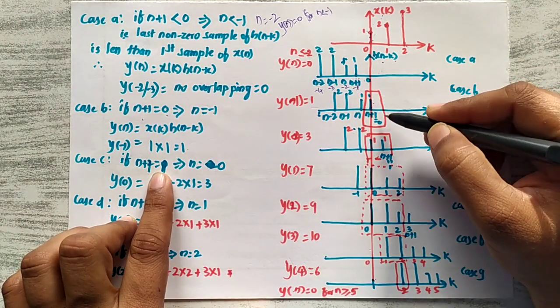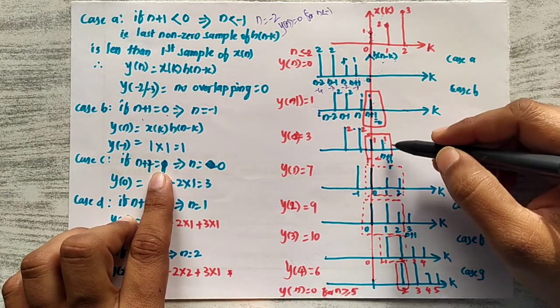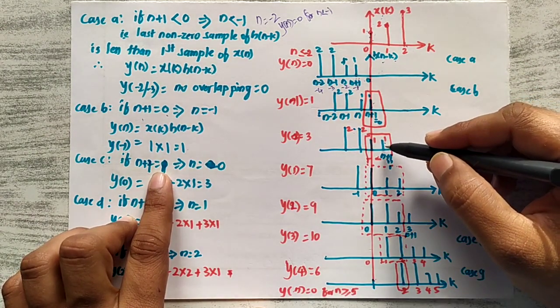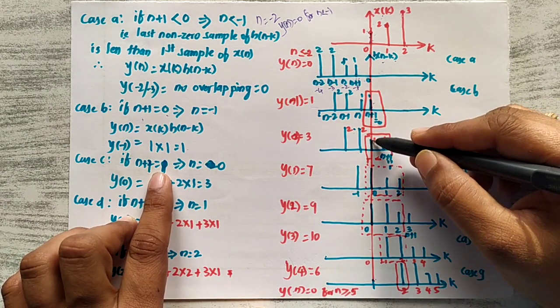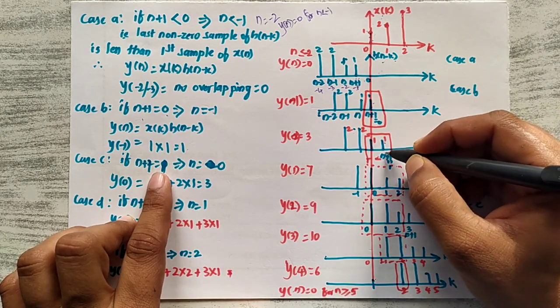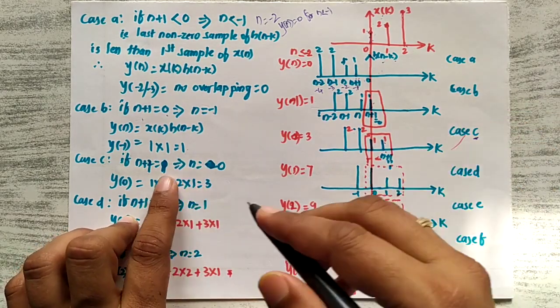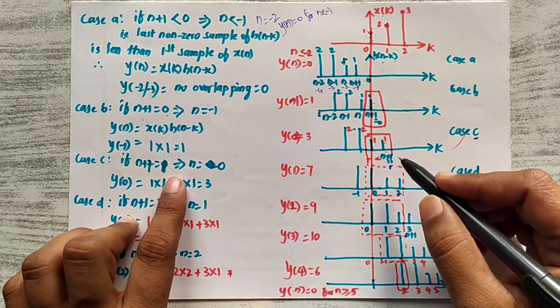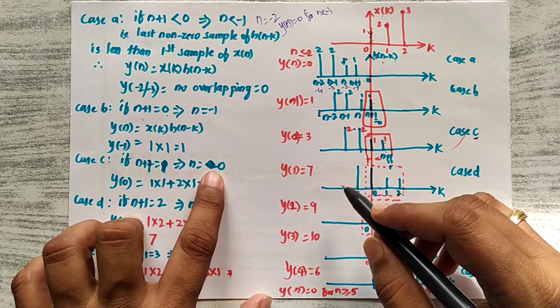So n plus 1 is at 1. This is the third case, case C. Okay. So what will happen? Correspondingly n plus 1 पे यहाँ पे 1 आया, 0 पे 1 आया, so you can say here n plus 1 equal to 1 consider किया तो n equal to 2 होगा, right? Sorry, n equal to 0 होगा. Okay, n plus 1 equal to 1 consider किया तो n equal to 0 हो गया.